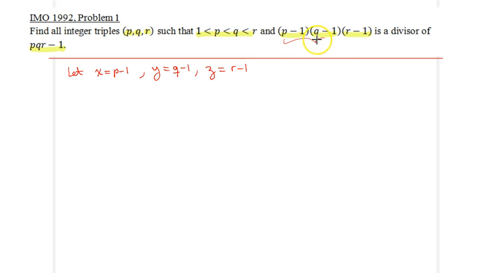So therefore our divisor becomes xyz, as you can see, and this term here is simply, well, obviously p is x plus 1, so this expression will be just (x plus 1)(y plus 1)(z plus 1) minus 1.